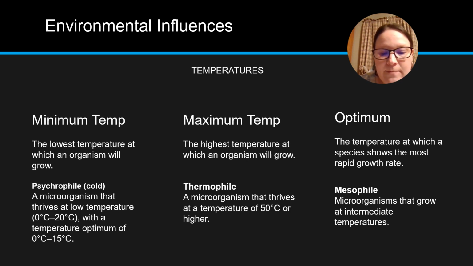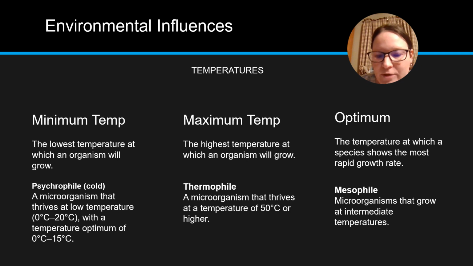Then going to the maximum, the thermophile likes the heat. They thrive at a temperature of 50 degrees Celsius or higher. So these are more like our Florida microorganisms. And then our psychrophiles are more like our Alaskan ones.